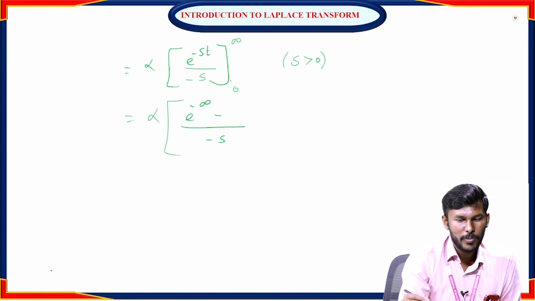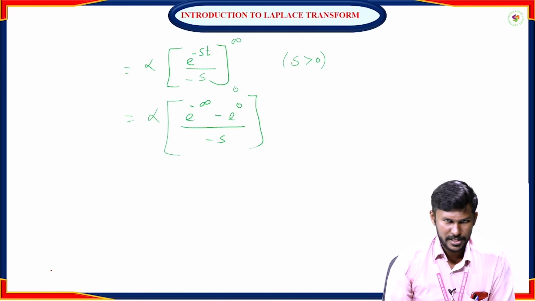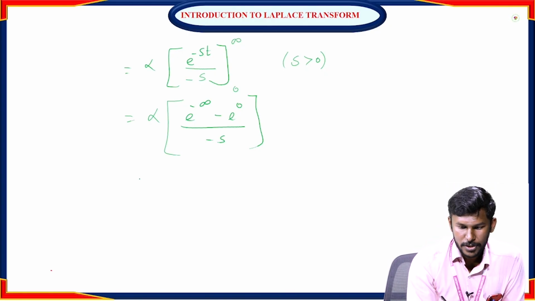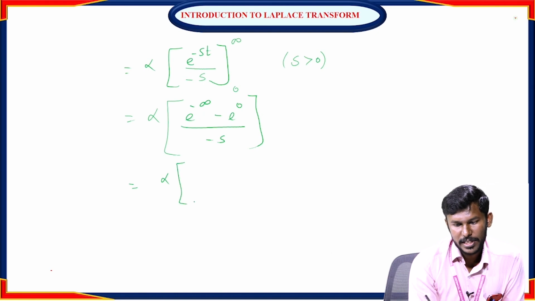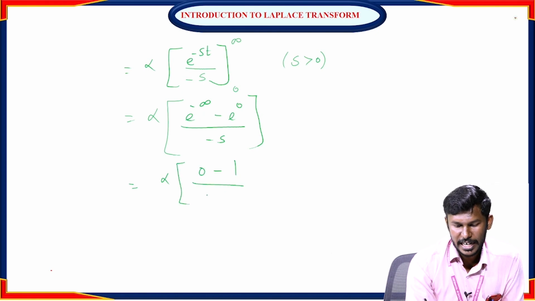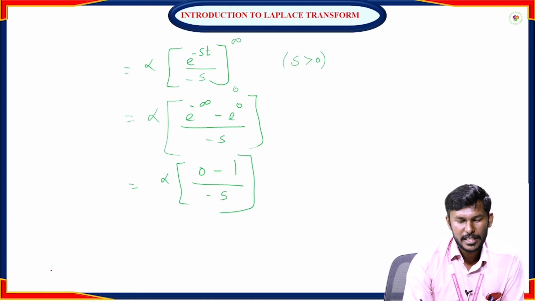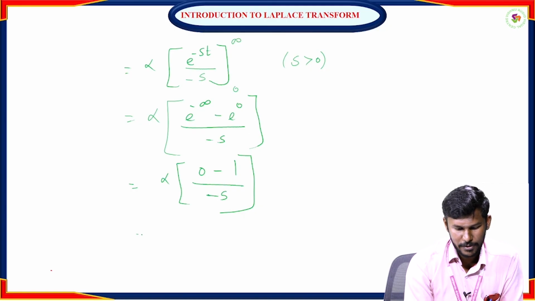My lower limit 0 into s, it is 0, so it is e power 0. So now we get alpha times e power minus infinity, which is 0, minus e power 0, which is 1, divided by minus s. So minus minus cancel, minus 1 by minus s, therefore it is alpha by s.